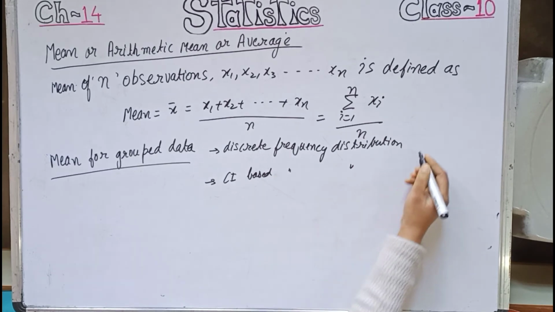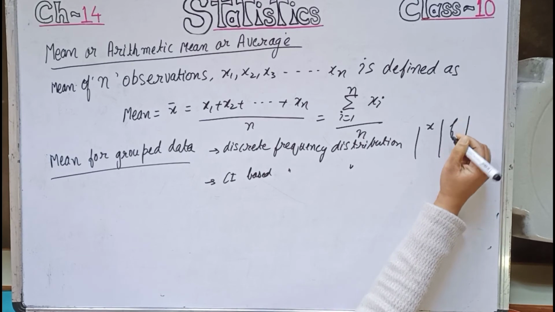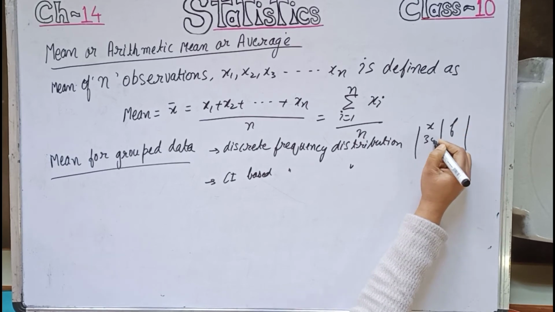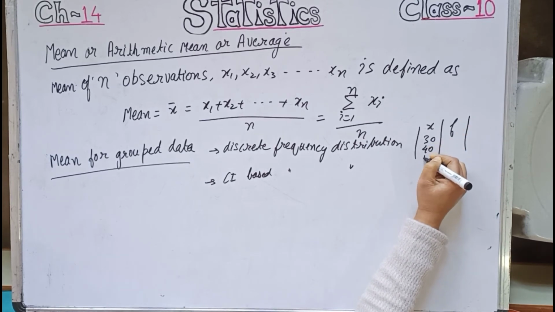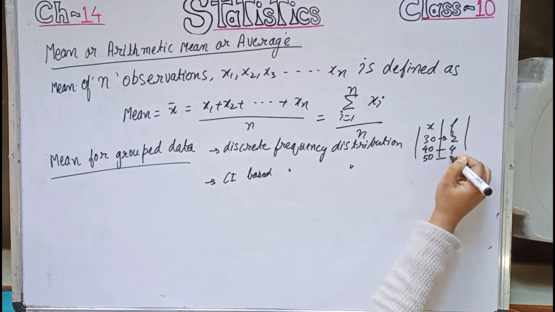In a discrete frequency distribution, observations are given and their respective frequencies. Suppose over here 30, 40, 50, and over here frequencies are given 2, 4, 10, and so on.